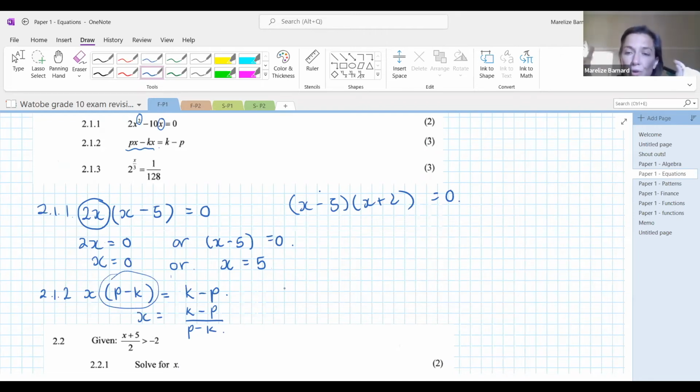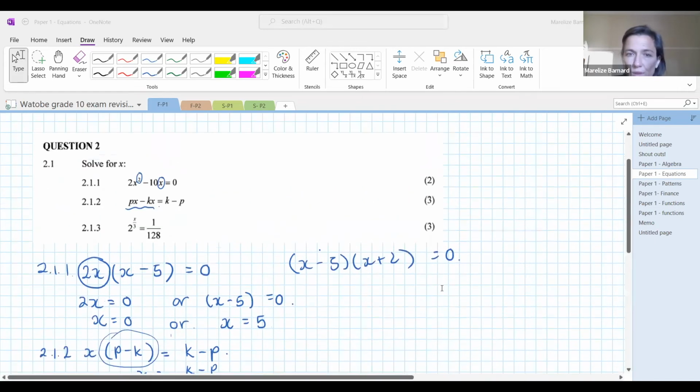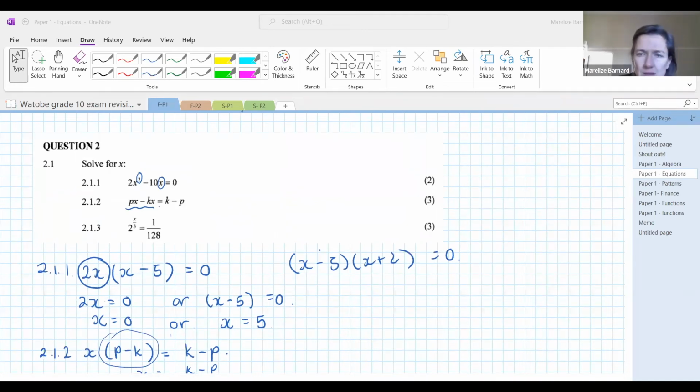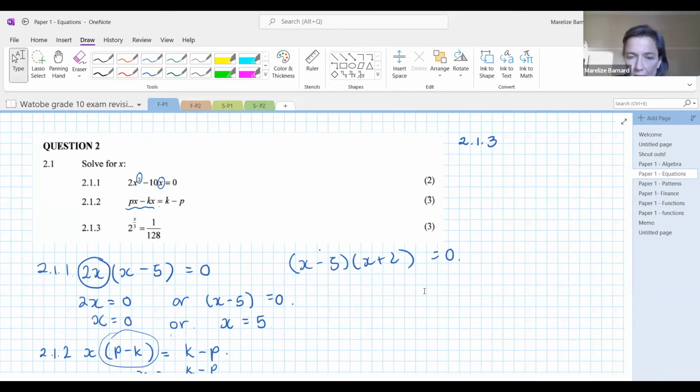Okay, right, let's go on to 2.1.3, which is quite important because this is about exponents, and it's also part of what you would have done this year that was new, different to grade 9. So let's make sure that everyone's able to do 2.1.3. Okay, who's done with 2.1.3? Just put a thumbs up if you're done. Dia says they're done.